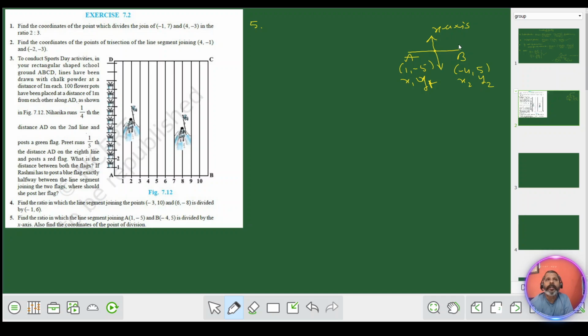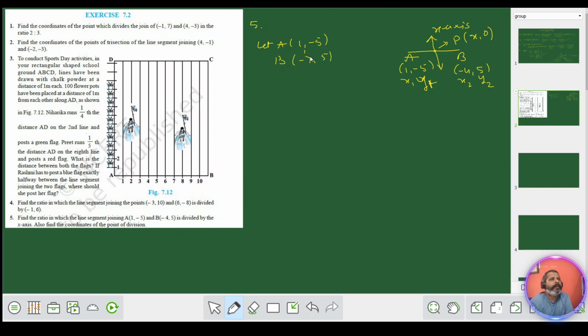A point on the x-axis will be of the form x comma 0, because every y coordinate on the x-axis will be 0. Don't get confused that I have drawn the x-axis as vertical here, though in the coordinate plane it comes in the horizontal form. Now we have everything: P is there, A is there, B is there. We can find the ratio using the same formula. Let A be 1 comma minus 5, B be minus 4 comma 5.